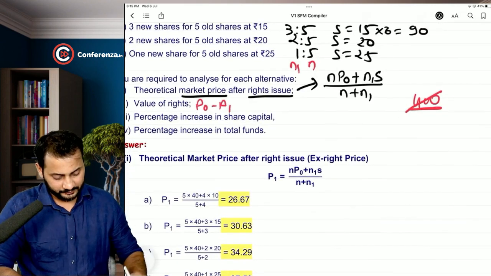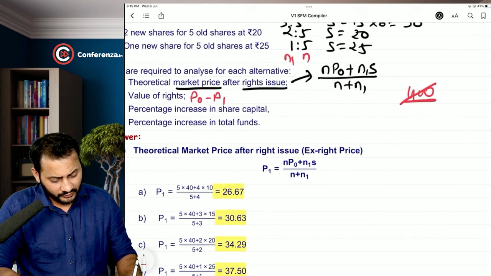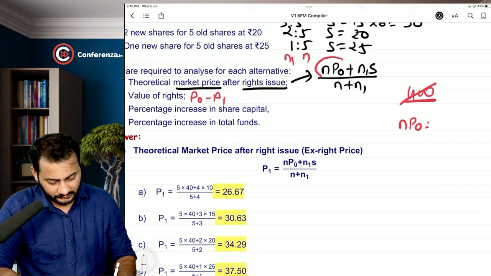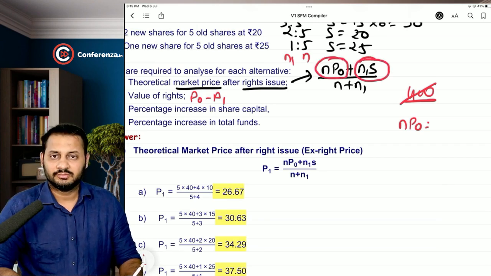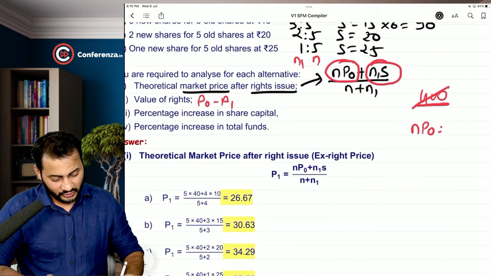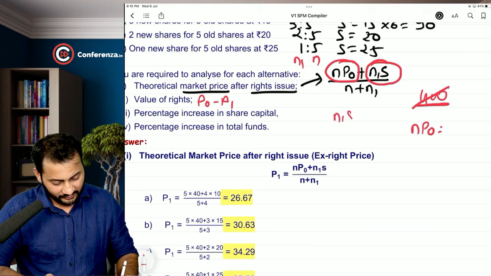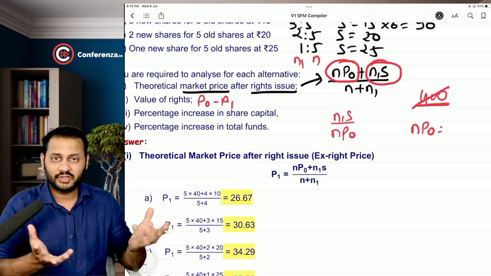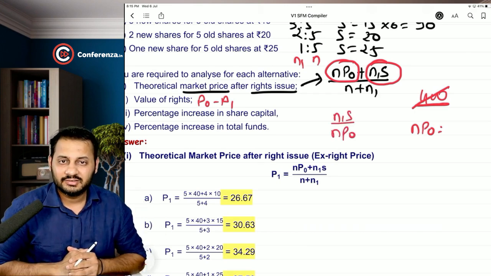So understand, earlier my wealth was N into P0, and now you are adding N1 into S. Percentage increase in total funds: you just have to take N1S divided by NP0, and you will get the percentage increase.